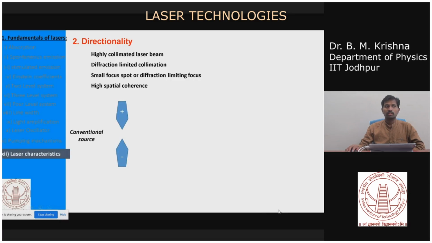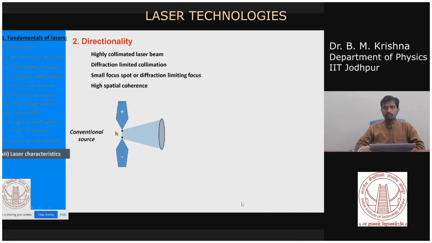For example, if we take a conventional source, in general the conventional source works as an electric discharge phenomenon. So you generate, this is our source height, that is our radiation generating.